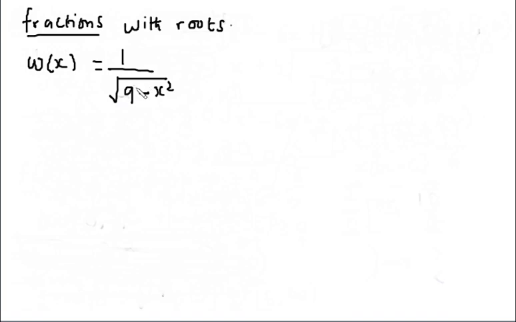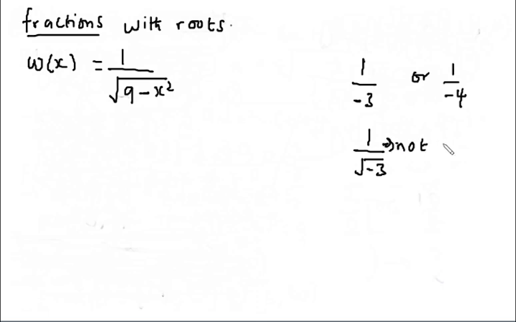For just normal fractions, it was permitted that our denominator can be 1 over negative 3 or 1 over negative 4. But because of the square roots, we cannot have 1 over square root of negative 3. This is not defined. But this is defined.